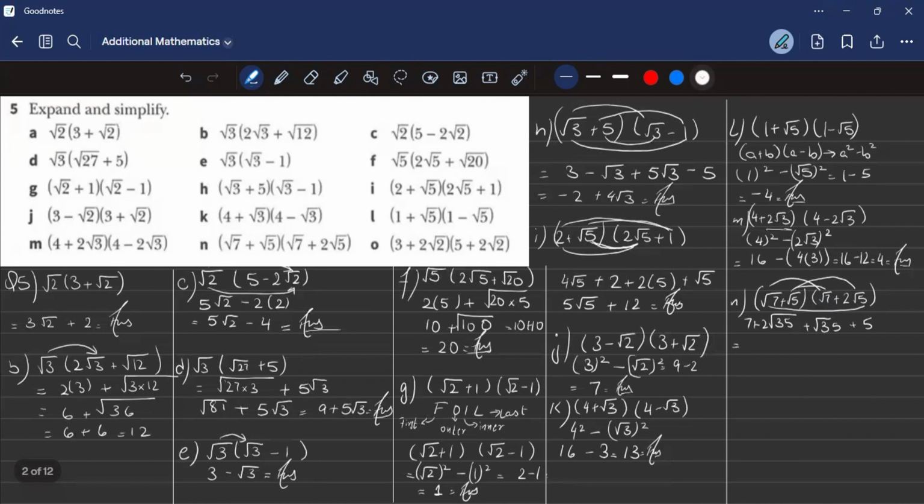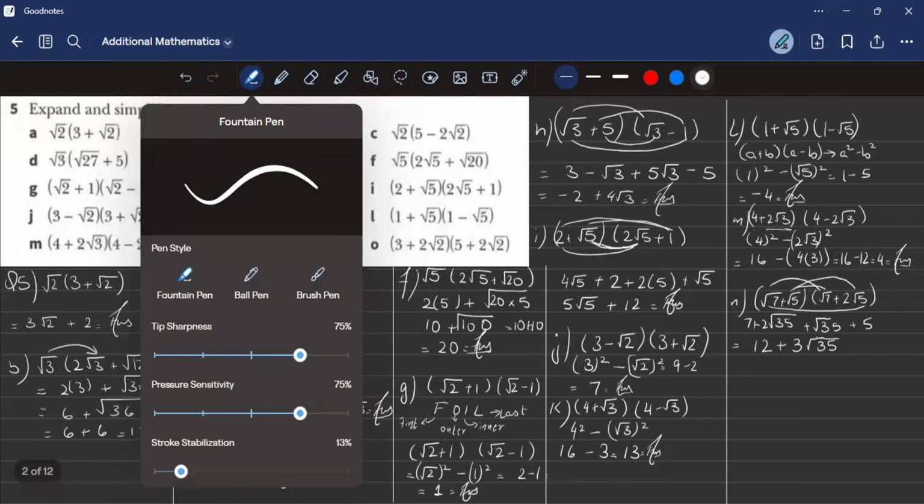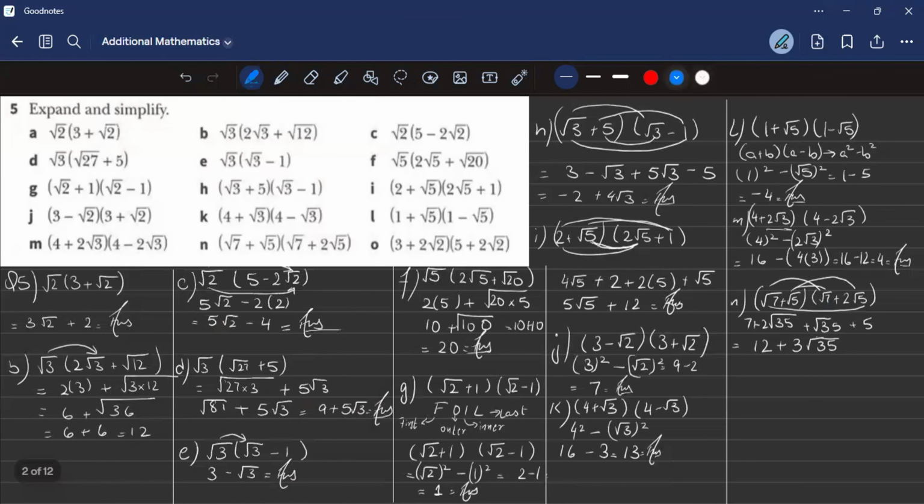Last value, under root 5 plus 2. So that is going to be equal to 7 plus 12. So 12 plus 3 under root 35. I'm getting 12 plus 3 under root 35. And basically, I have the book with me right now, and the answer is 17 plus 3 under root 35. And that's a confusion because I think my values are correct. Let me just recheck for a second before we can continue.